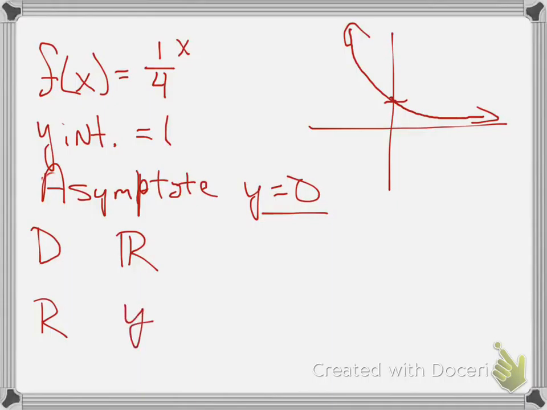The asymptote was y equals 0. Then the range has to be y greater than 0. And since all these lines should be going above the x-axis, they should all be greater than. Now, if I put an a where a is negative, then that would flip it over. It is possible to do it like that, but I probably won't be that cruel.